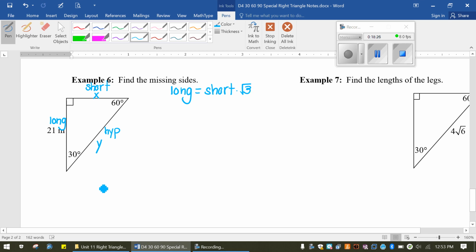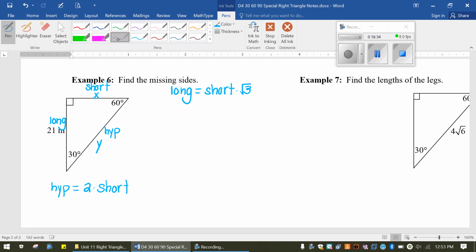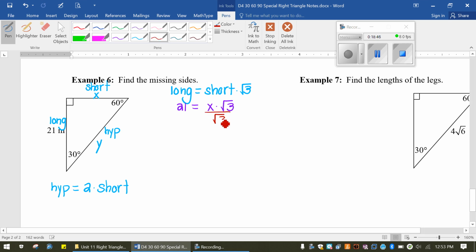And once we do that, we can work with the hypotenuse equals 2 times the short leg. Okay, so the long leg is 21. Short leg I called x times square root of 3. And then we're going to divide by square root of 3. Now you've got 21 over square root of 3.